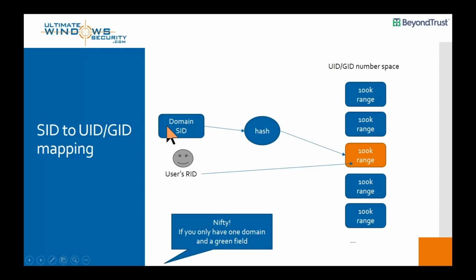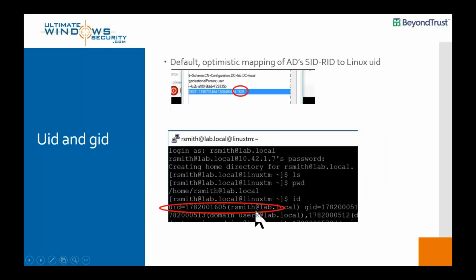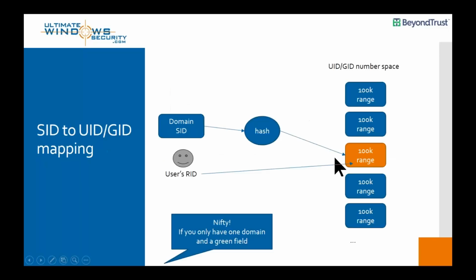Then it takes your AD domain SID and hashes it, which is an index to one of those 100K ranges. In my case, it was something like 1,782,000. That is the particular 100K range that this lab.local domain SID hashed to.